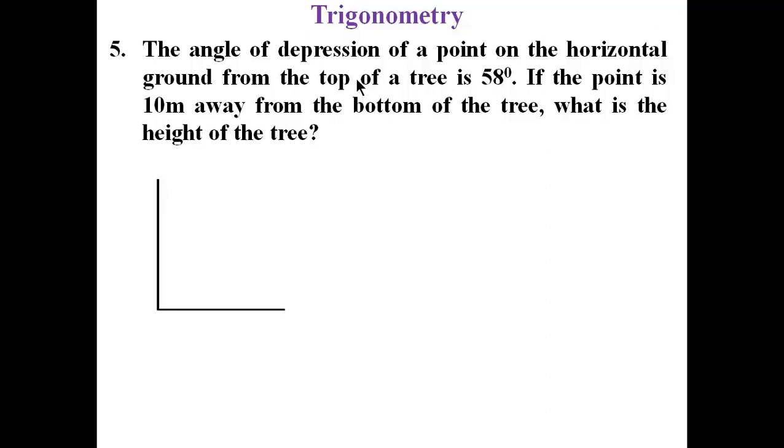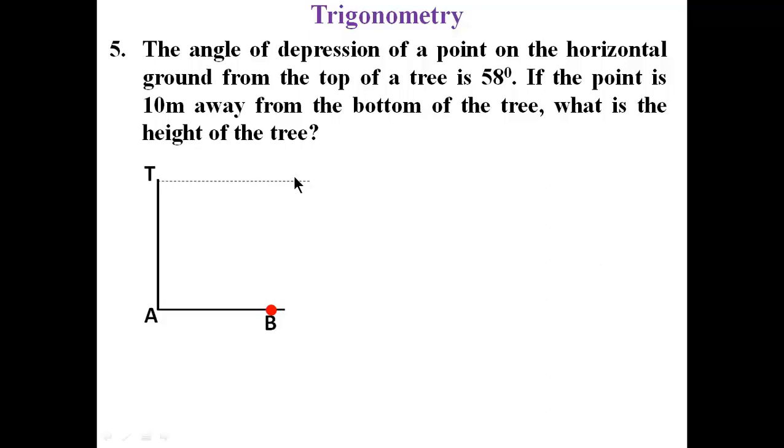We said the angle of depression of a point on the horizontal ground from the top of the tree. So get the top of the tree to be T and the bottom to be A, and from the point we call it B on the horizontal ground. So the angle of elevation, let this be normal. If this person is looking normally, this is the line of normal.